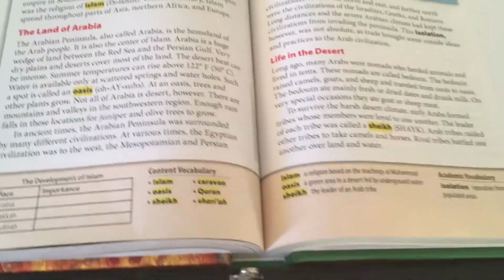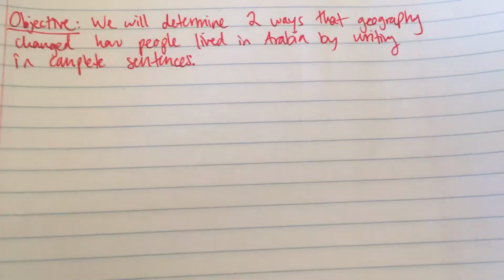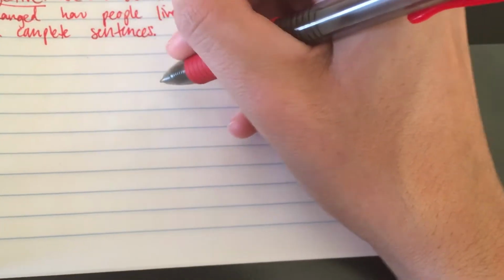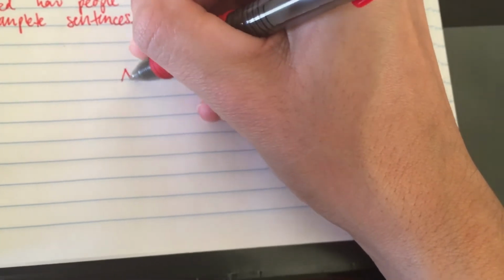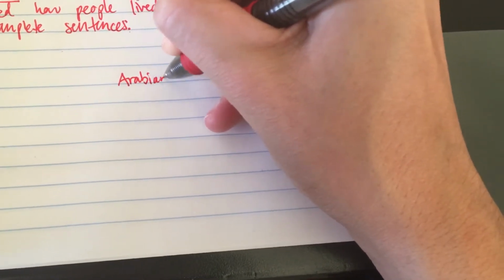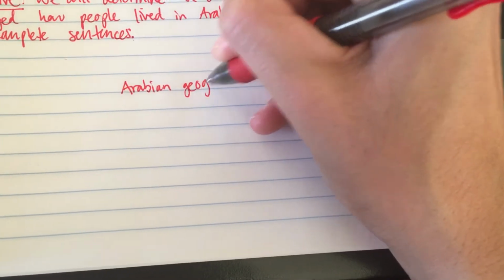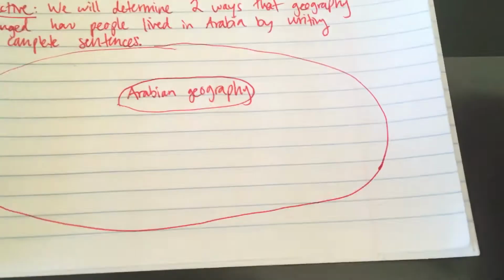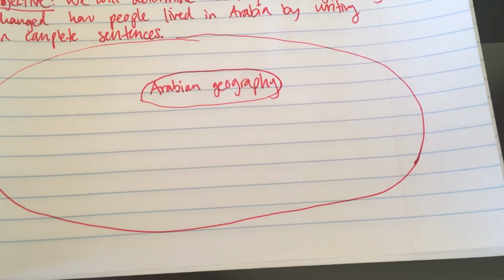I want to make, I think, a circle map about the different things I'm seeing about Arabian geography. So I'm going to say Arabian geography. Draw a lot of space here, and your circle map might be bigger or smaller than mine, and we've already seen something so far.